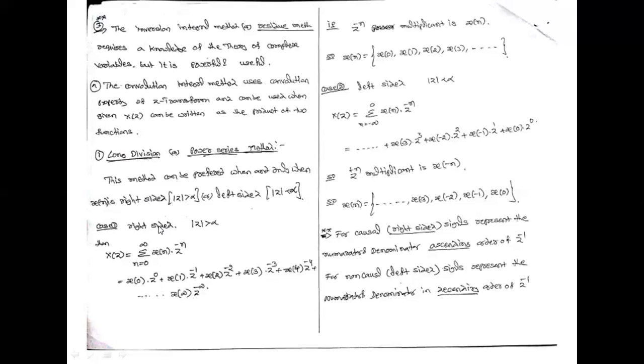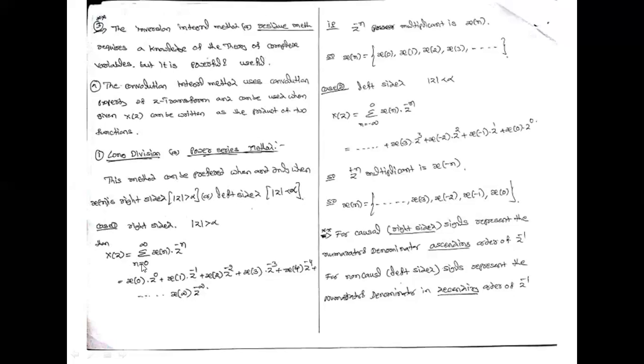Case 1: if I am taking the right-sided, |z| is greater than some alpha, or greater than a. It is not greater than infinity; it is simply a variable alpha, or greater than a.